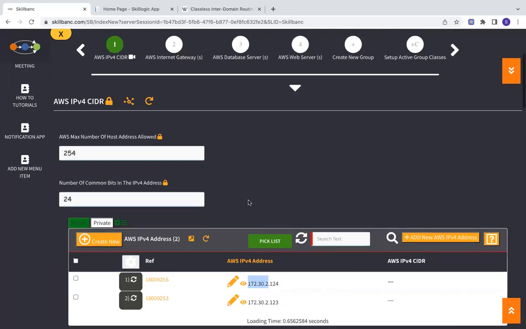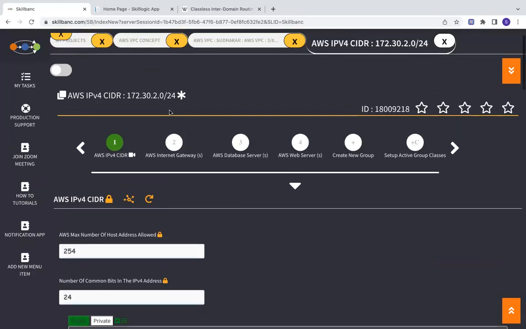Why? Because we said 24 bits will be common. The number of common bits in the IPv4 address will be 24. This is the decimal notation that we are showing. Slash 24 means 24 bits will be common. 24 means 3 blocks, each one is 8 bits.